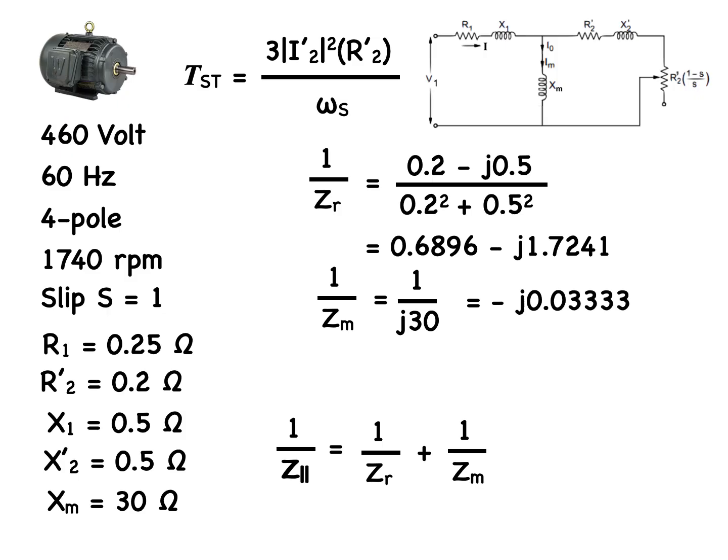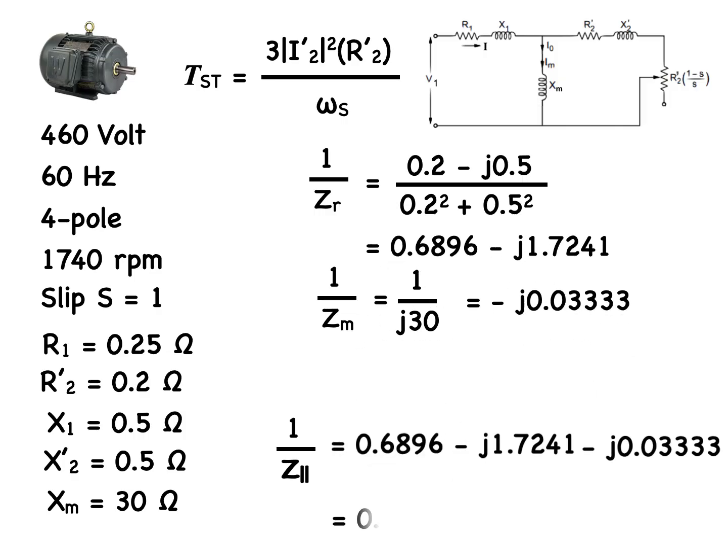Therefore, putting real numbers in for 1 over Z parallel, we get ultimately 0.6896 minus j1.7574.